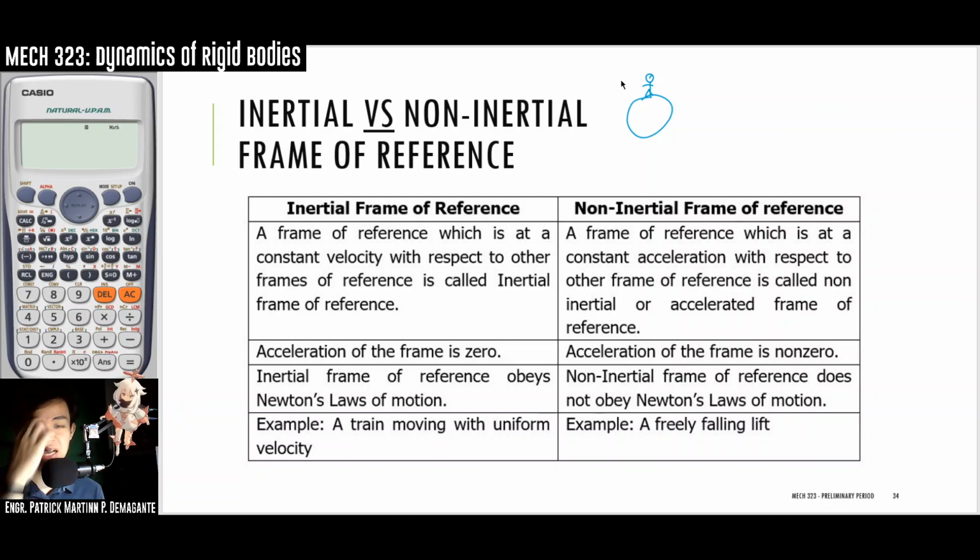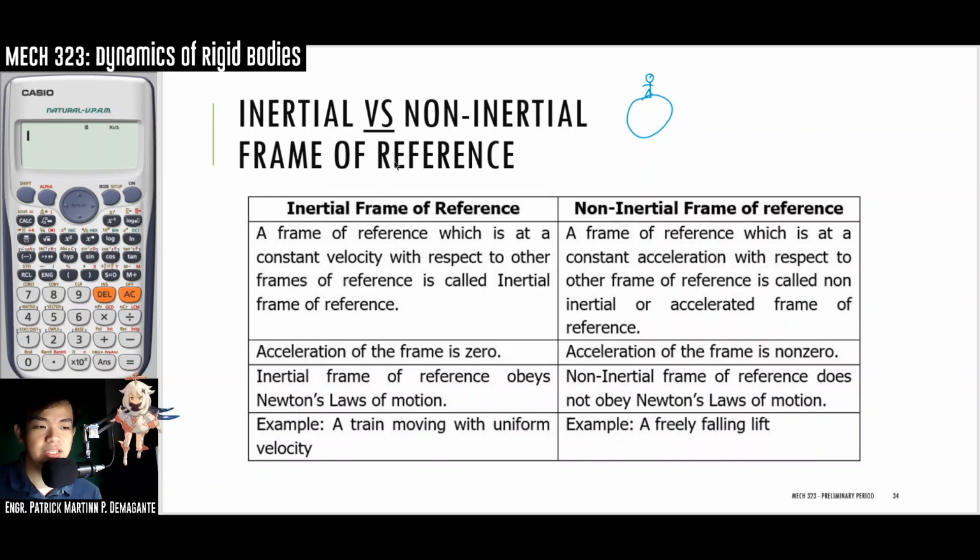Pero without realizing na yung Earth, 'di ba, gumagalaw. Nagro-rotate siya, nagre-revolve siya. Meron siyang sarili niyang orbit. Pero hindi siya accelerating. So parang normal lang, parang stationary. So yung Earth is an example ng inertial frame of reference.